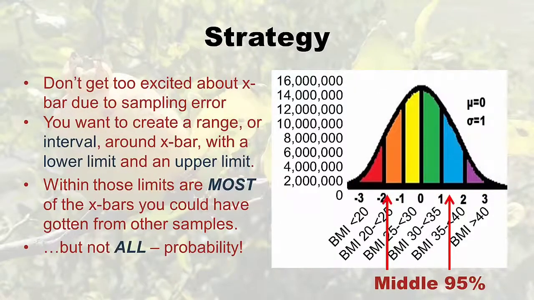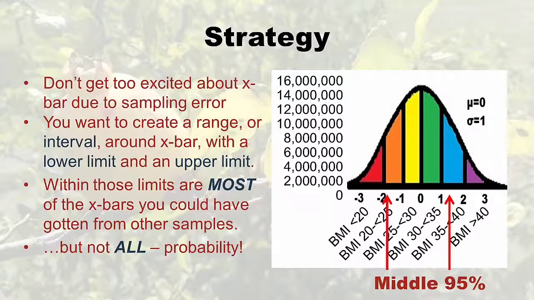So what I did was I superimposed the z distribution, the normal distribution, on top of that histogram of the x bars. And I just drew lines for where the middle 95% would be, because I just know that. It's between negative 1.96 and positive 1.96. Okay?